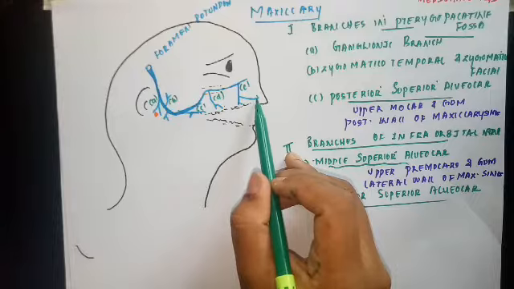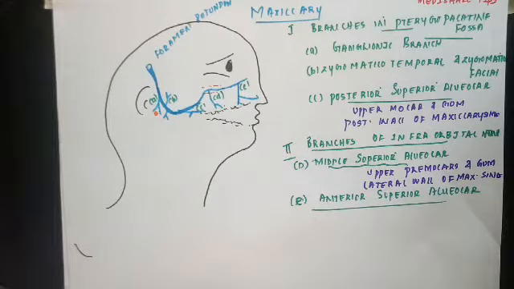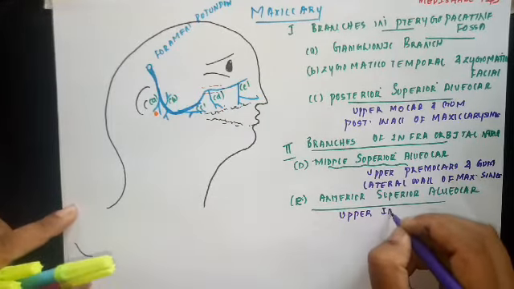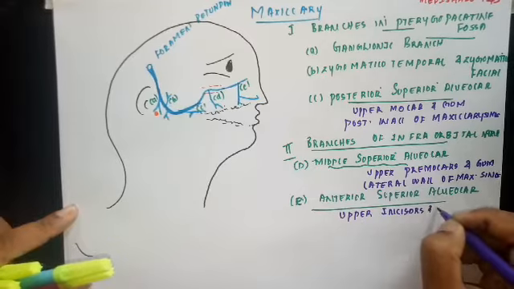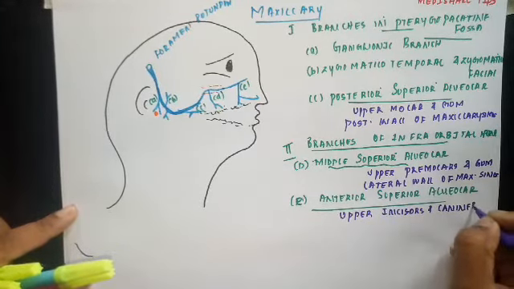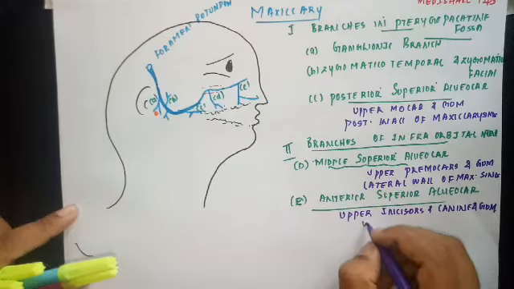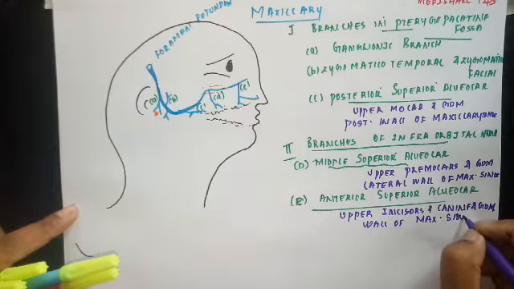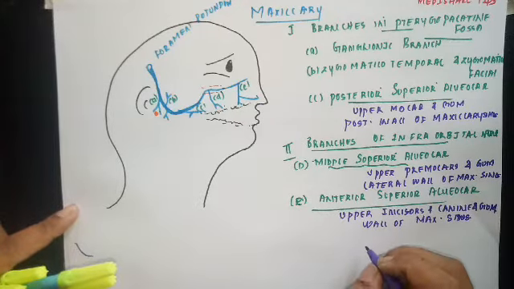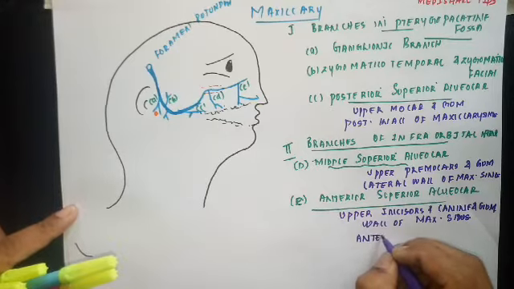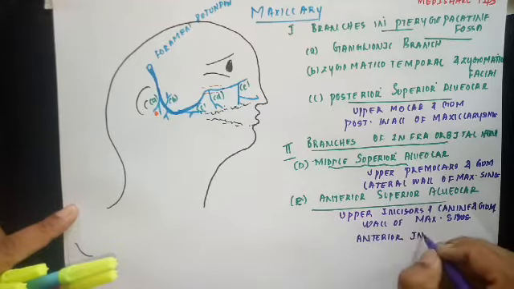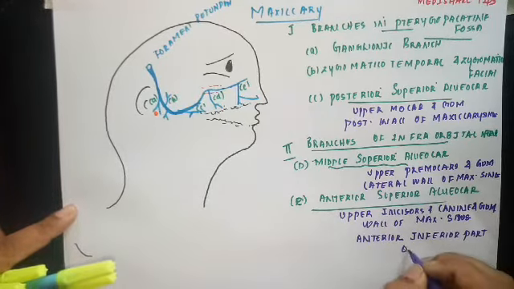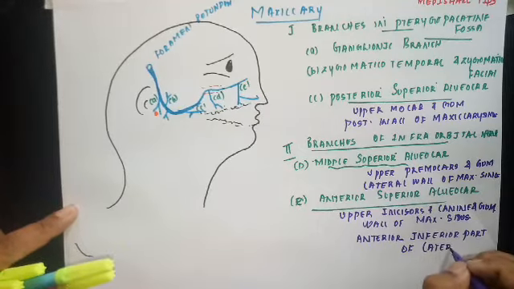You can see this branch supplying the lateral wall of the nose. This is important: the anterior inferior part of the lateral wall of the nose.